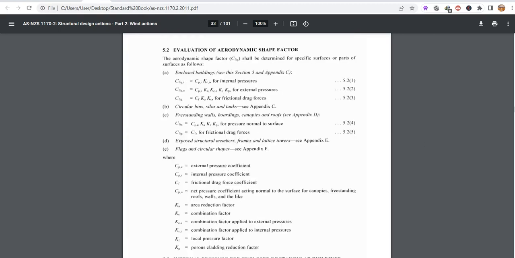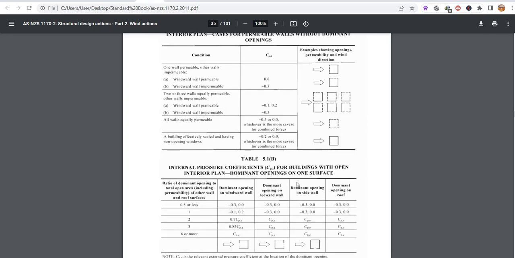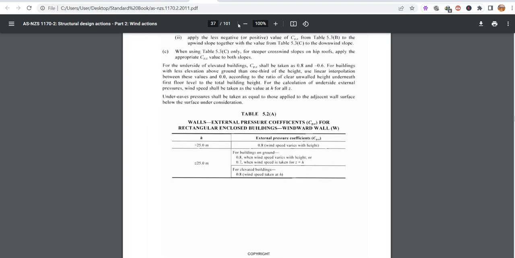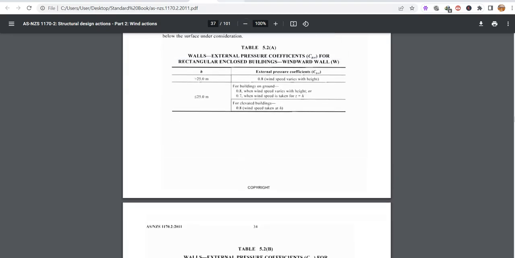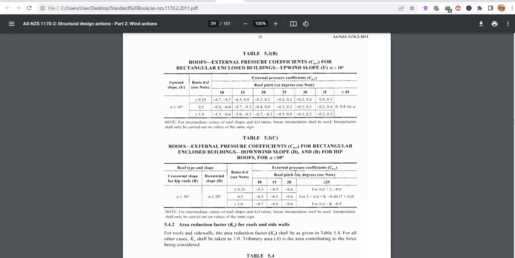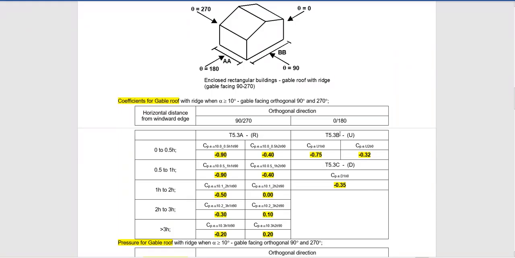So go back to the CPE for roof. For upwind, we've got negative 0.75 and negative 0.32 at 0 and 180 degrees.